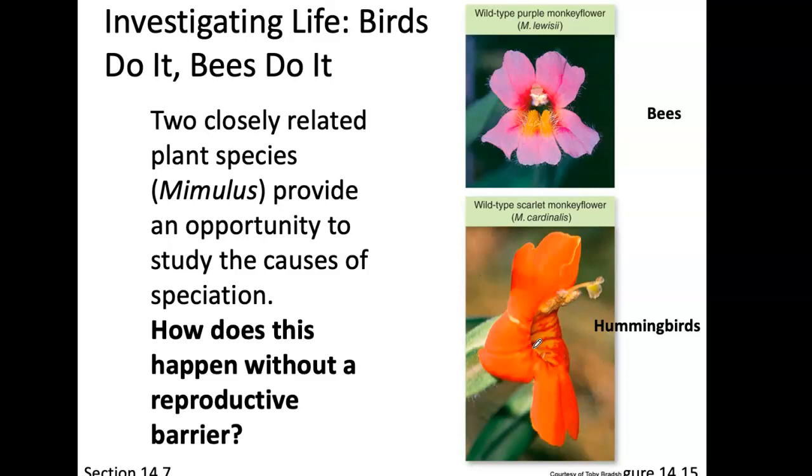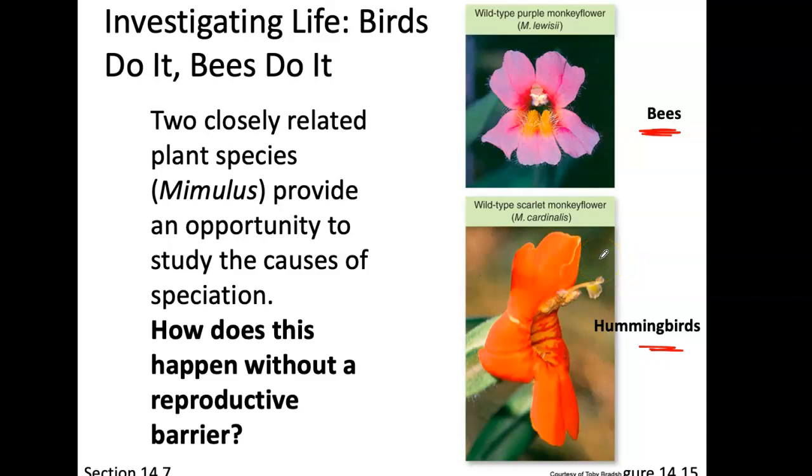It's Mimulus cardinalis, and also monkey flower. But this one's more orange. So this more towards the purple, this towards the orange. And it turns out that this one's more likely to be pollinated by bees. So bees will visit this flower, and hummingbirds will tend to visit more of the cardinalis species.